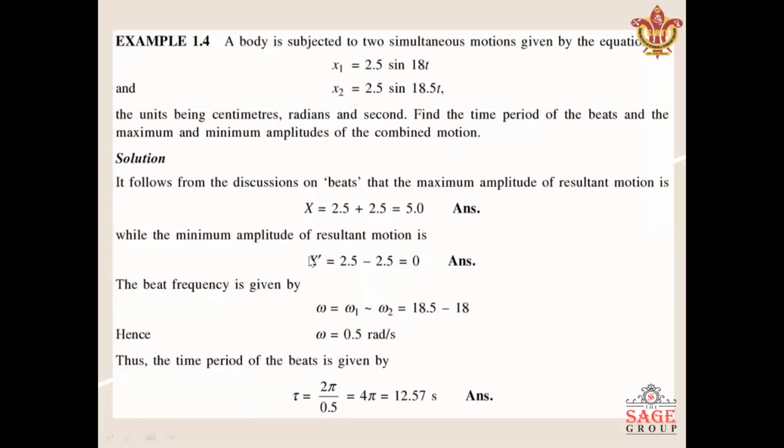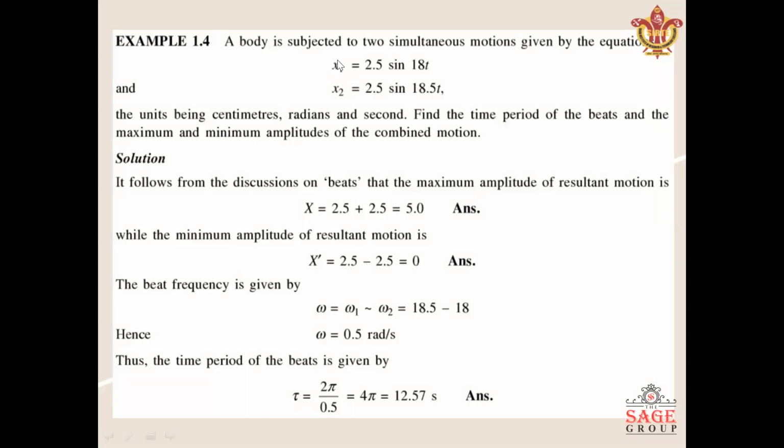At that condition, the minimum amplitude is given by x dash, equal to A minus B. A is 2.5 and B is again 2.5, so A minus B is equal to 0. This is the minimum amplitude of the combined motion.